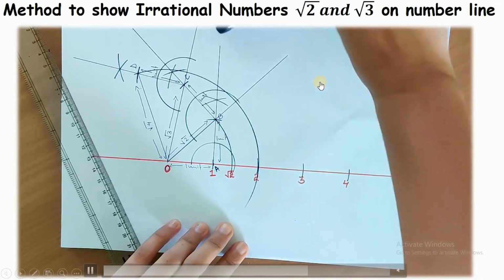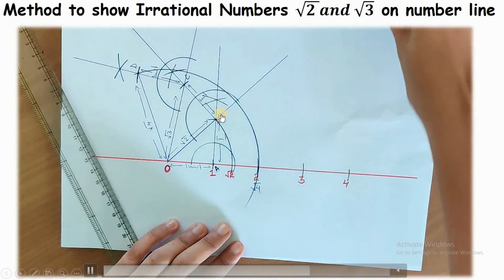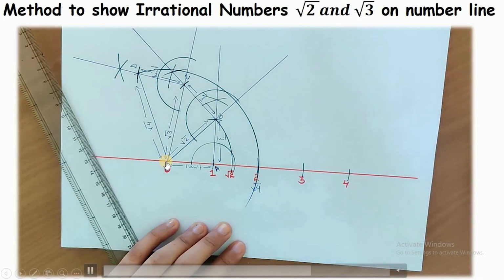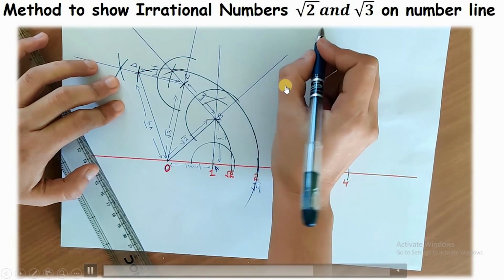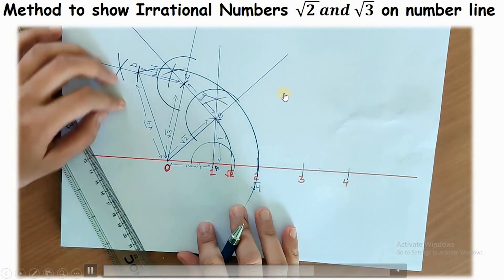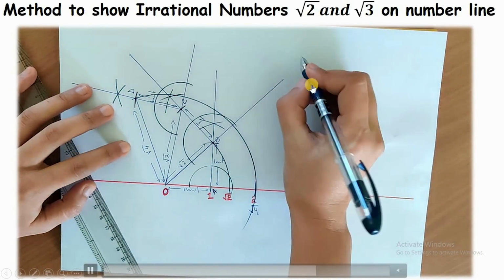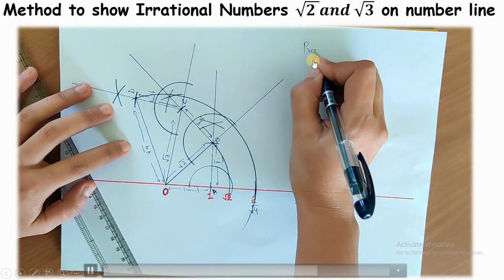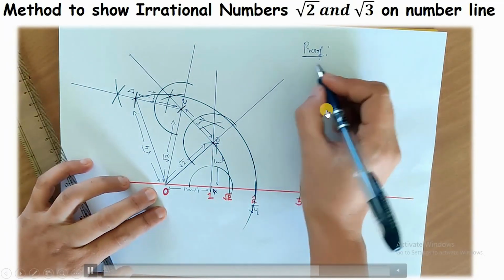Now here we'll prove how this OB is square root of 2 and OC is square root of 3. Let's prove it over here. To prove so, we are going to use the Pythagoras theorem.